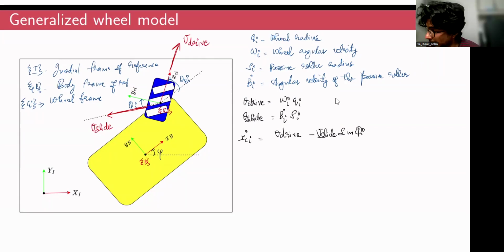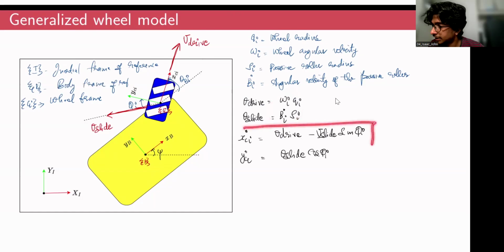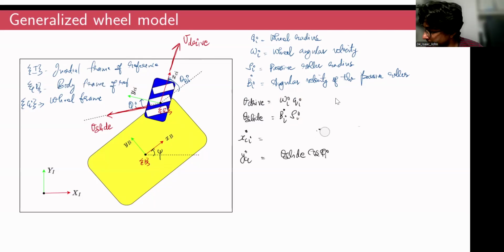I hope that is clear. And the Y component, the component along YCI, YCI dot, is nothing but V slide cos phi I. So if I substitute these values into this general equation, I'll get an equation of this form: omega I A I minus rho I beta I dot sine phi I. I label this as equation 1.